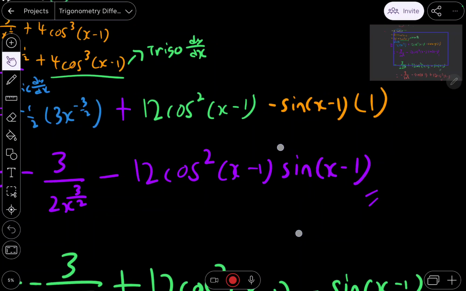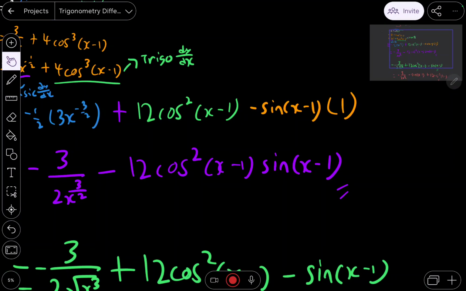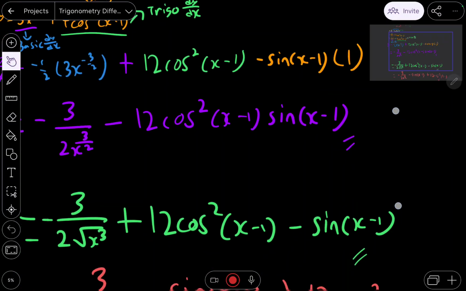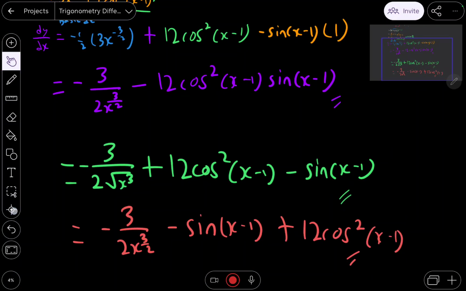And for this one, I bring my negative over here and write a minus 12 cosine squared x minus 1, and then my sign becomes positive.